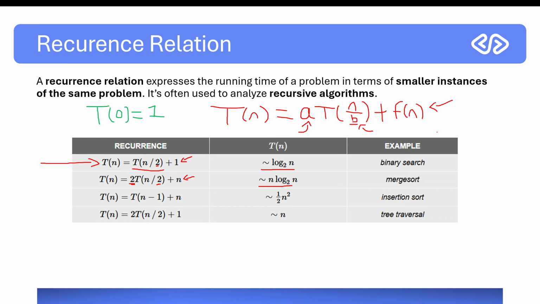Then you reason about what the formula is saying to get your approximation. Again, here, insertion sort, we have the prefix array, and we're knocking one off each iteration.